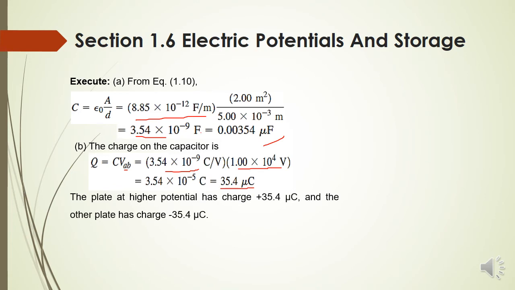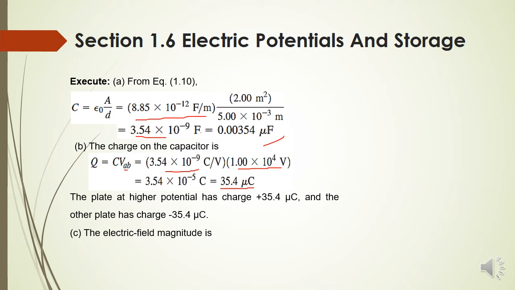The plate at higher potential has a positive 35.4 microcoulomb and the other plate has a charge of negative 35.4 microcoulomb. Don't be confused, because our capacitor has two plates and also two different positive and negative terminals. And their charge magnitude is 35.4 microcoulomb.